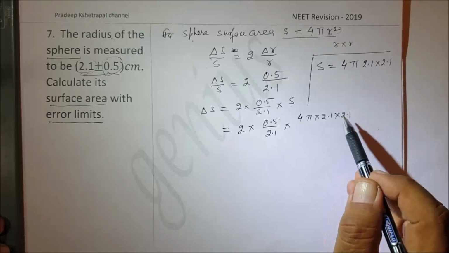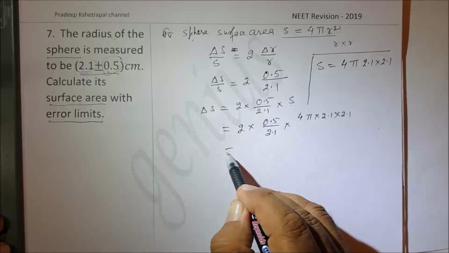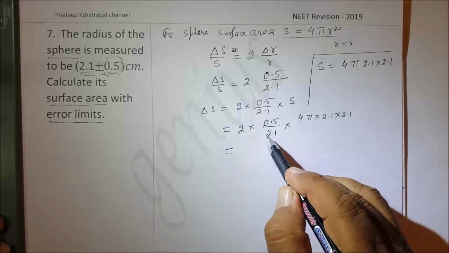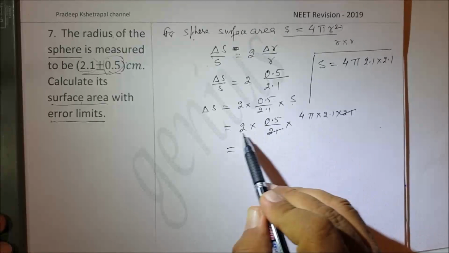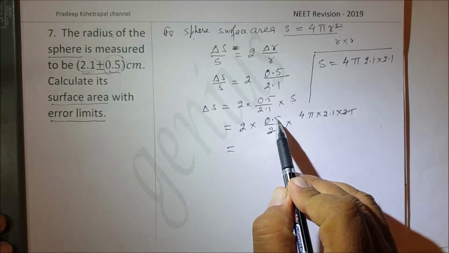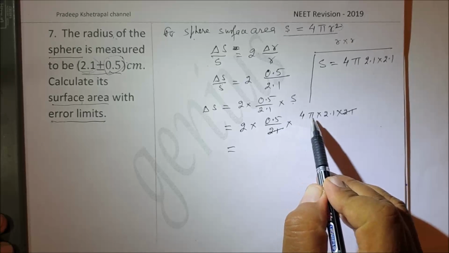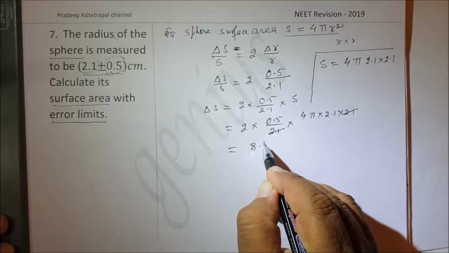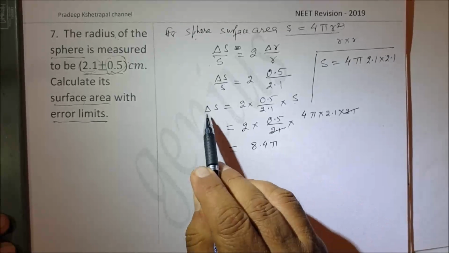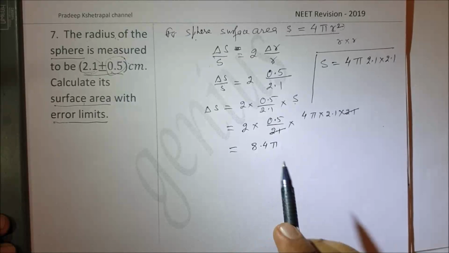So this way the calculation is there, and now we cancel it out, and this is our answer. 2 into 0.5 is 1. So this remains 4 pi into 2.1. That is 8.4 pi. That is the error in surface area.